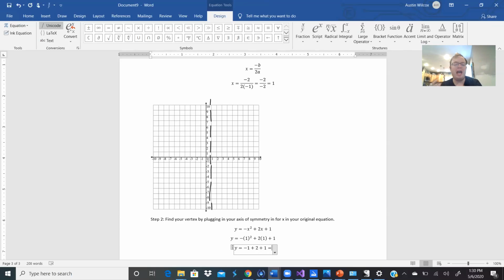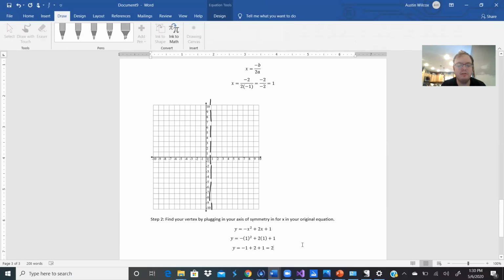My y value when x is 1 is negative 1 plus 2, that's 1, 1 plus 1 is 2. And so what I figured out is my vertex is at 1, 2. The 1 came from the axis of symmetry. Your 2 comes from when you plug that axis of symmetry in and solve for y.